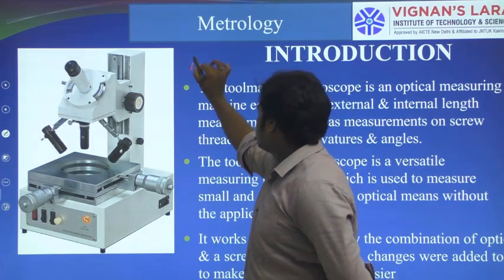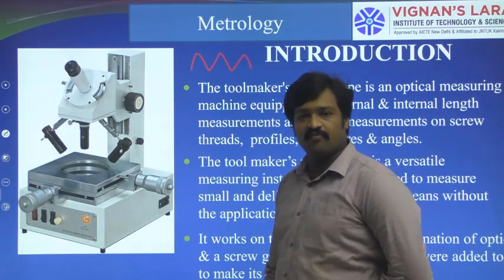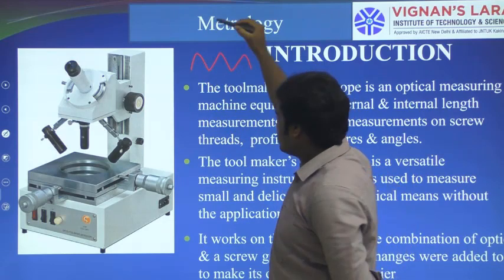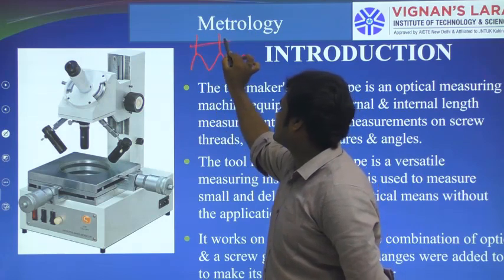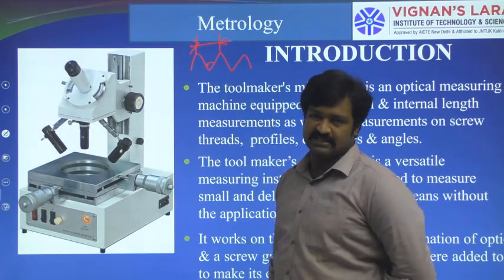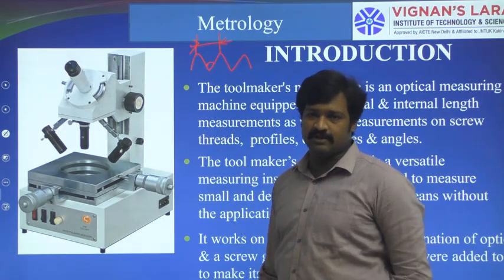For example, the pitch of a screw is like this. If we want to identify the profile of this thread or the pitch from here to here, the linear distance or the angular measurements, all these elements can be identified by means of this tool maker's microscope.